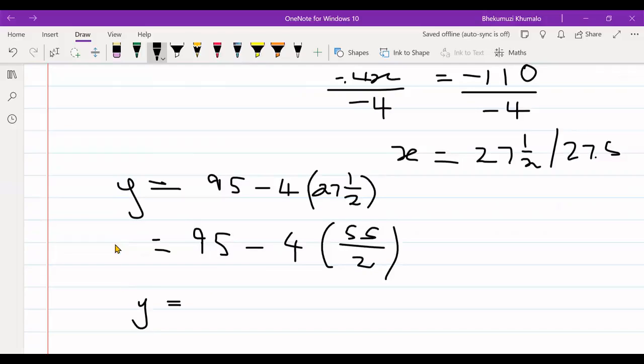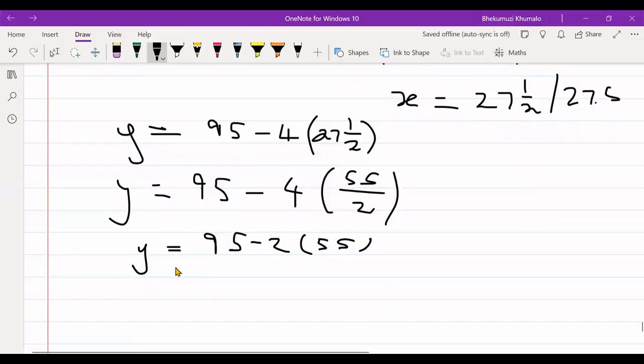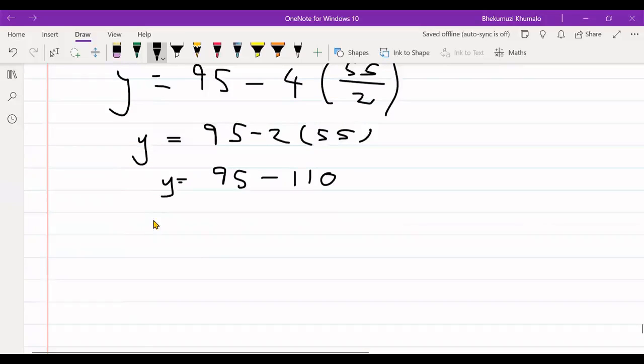And we can see that this is 95 still, and this would cancel out one of the 2's here, so it's actually minus 2 times 55. Now 2 times 55, that's 110. So now it's 95 minus 110. And 95 minus 110, that is minus 15.